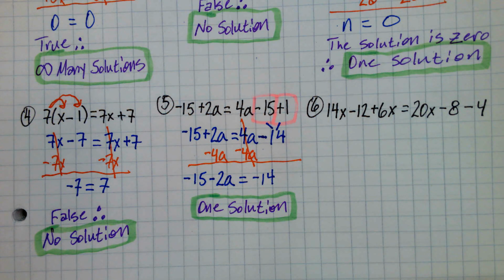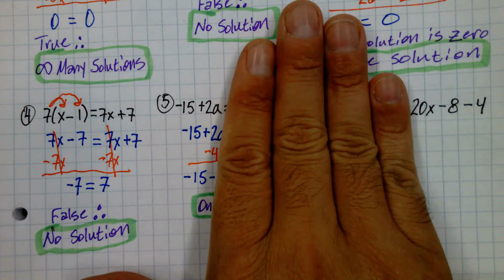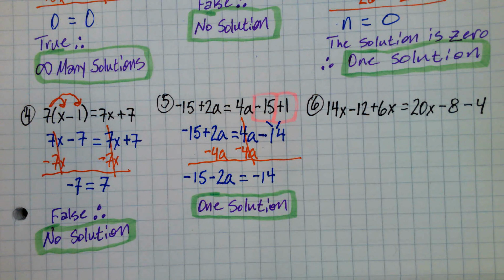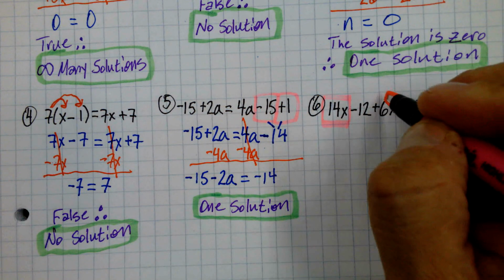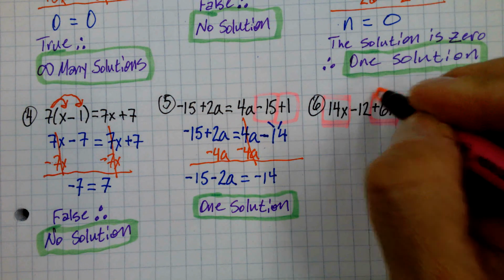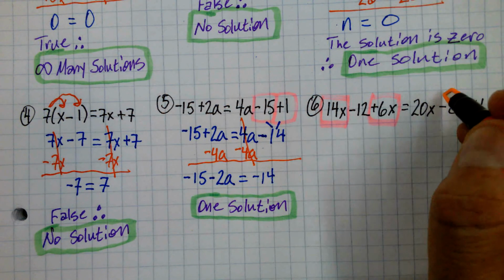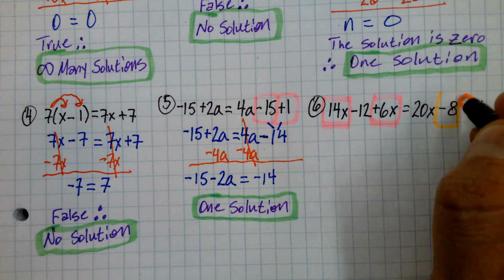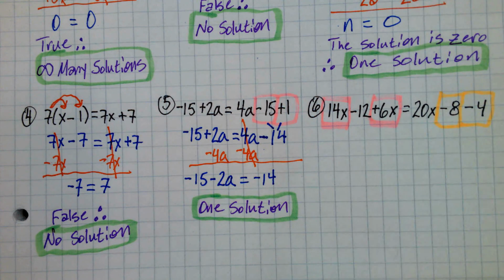Can't distribute, but can we combine like terms? Yeah, on both sides. We can combine like terms on the left and on the right. So let's just do that all together. Over here, we'll put together this 14x with this 6x. On the other side, we'll combine the minus 8 and the minus 4. So constants combine on that side.